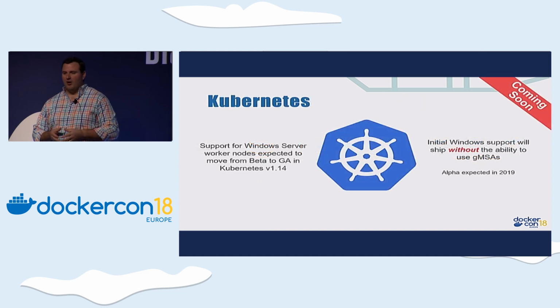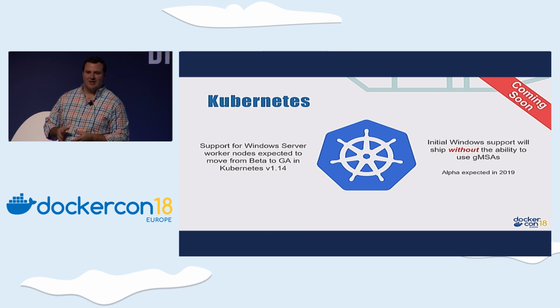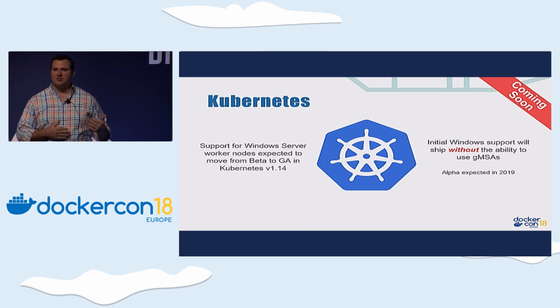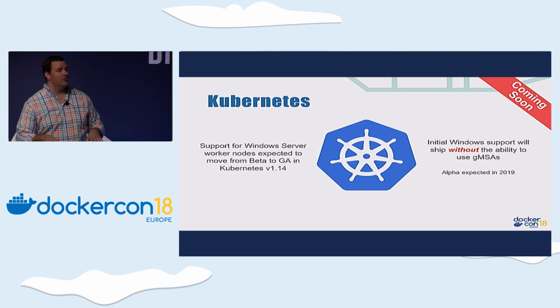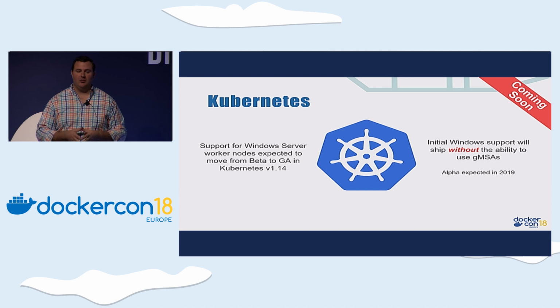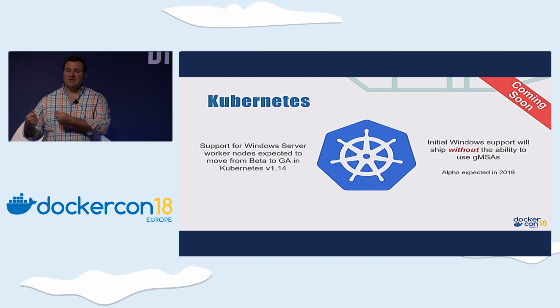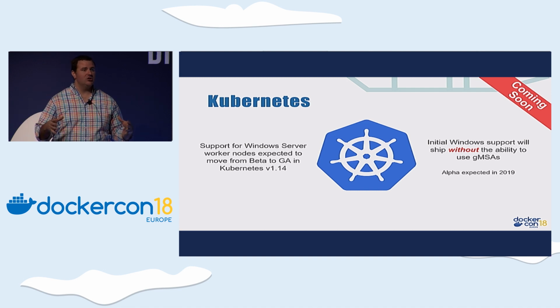One other thing I mentioned is that we would talk about Kubernetes towards the end. So far this has been a bit more Swarm-centric, and that is primarily because right now Kubernetes does not have support for Windows Server worker nodes. It is coming very soon. I believe it's expected to ship in 1.14, Q1 of next year. At that point we'll be able to run Windows containers inside of a Kubernetes scheduler.